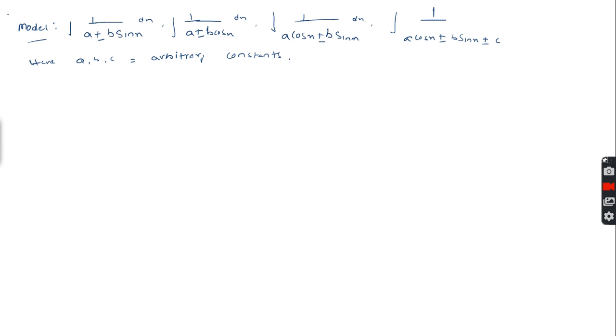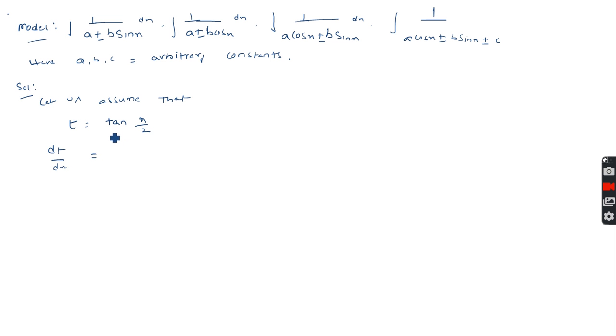Okay, so how are we solving this problem? For that solution, let us assume that t is equal to tan x by 2. So we differentiate dt by dx, with respect to x.